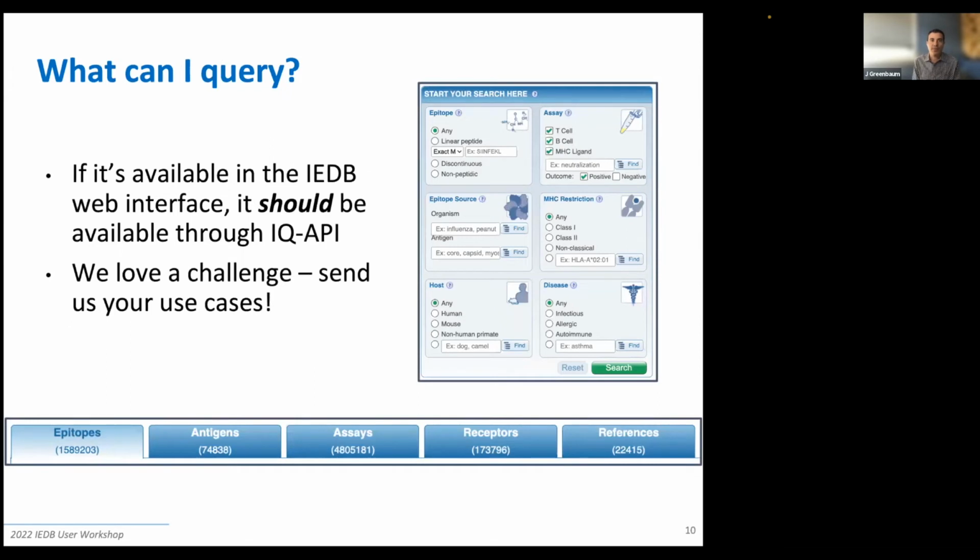You should be able to query just about anything that's available through the web interface, so that should also be available through the IEDB API. If you do find yourself having a hard time replicating a query that's on the website through the API backend, let us know, because maybe we made a mistake and it's not available, or maybe we would just love to track down the reason why and help you out.